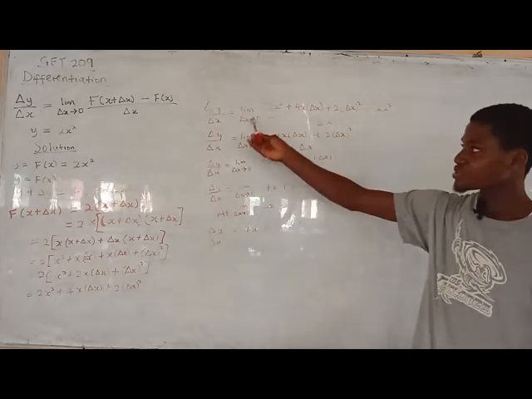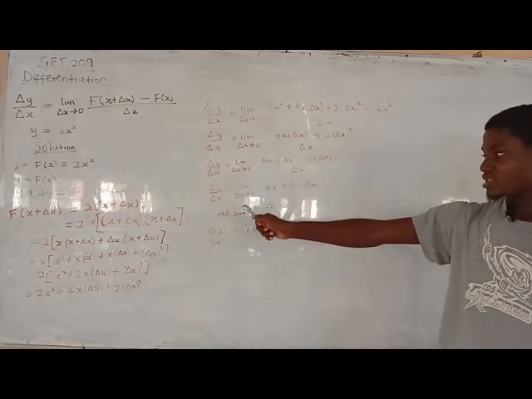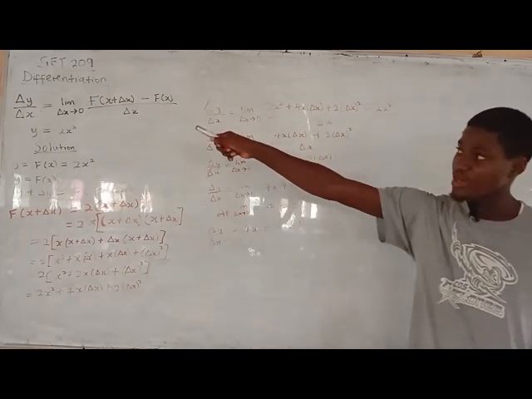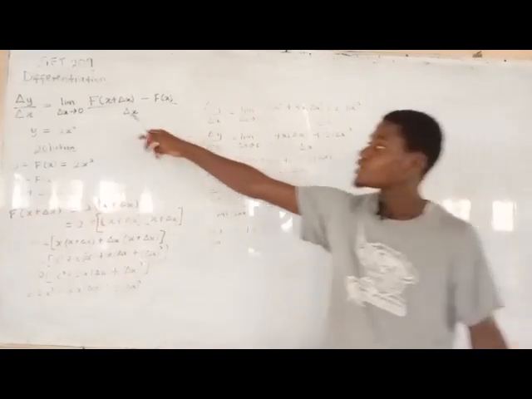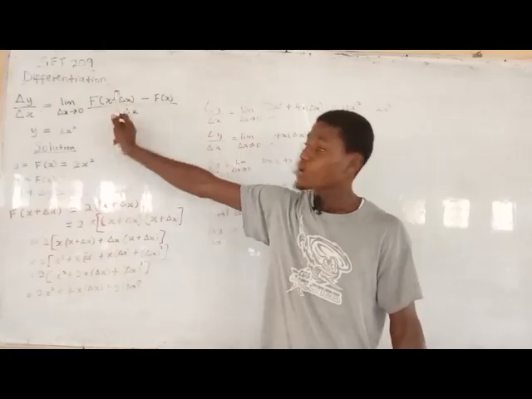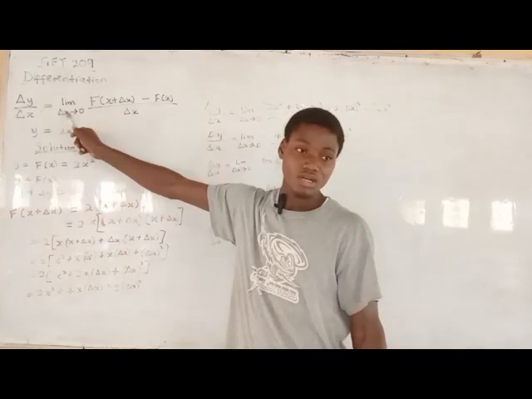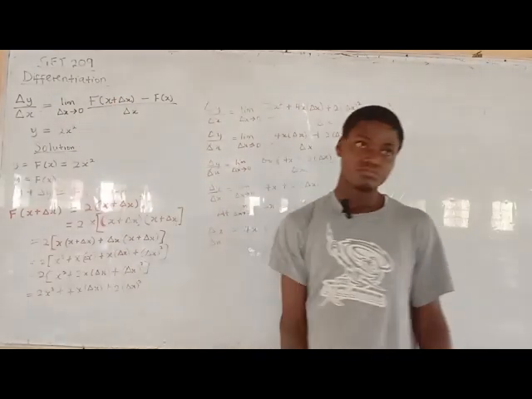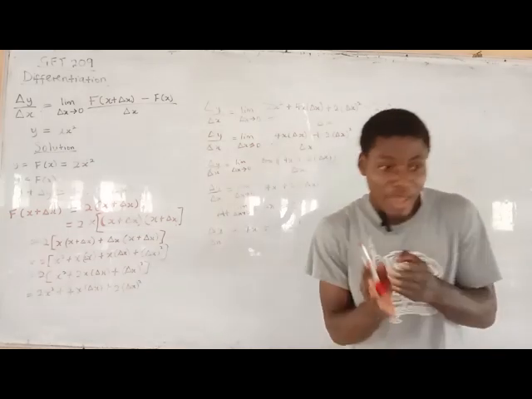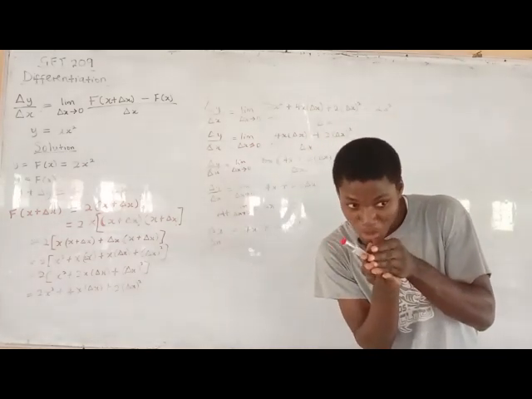The reason I kept repeating this condition is so that we will not forget that this formula only works on the condition that the limit of change in x is approaching what? 0. Limit there means where change in x should stop. That is, it should not pass that place.